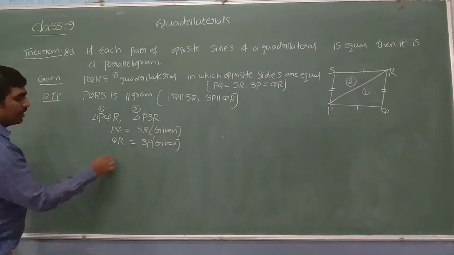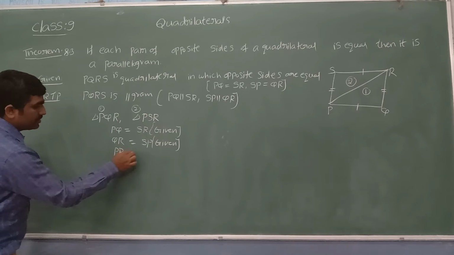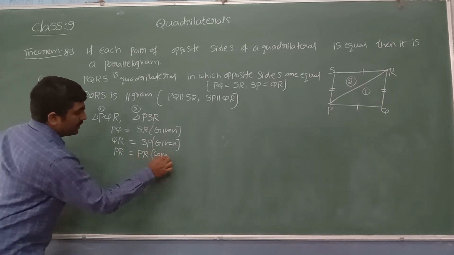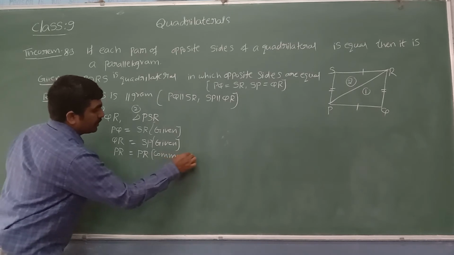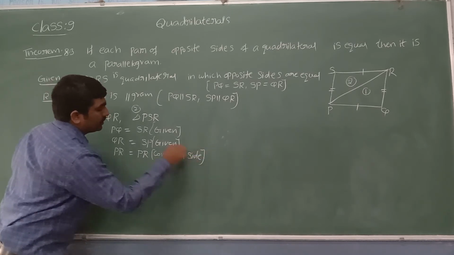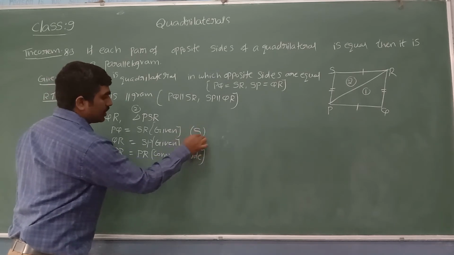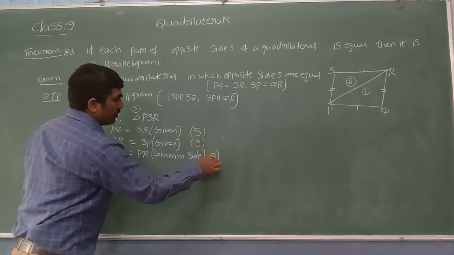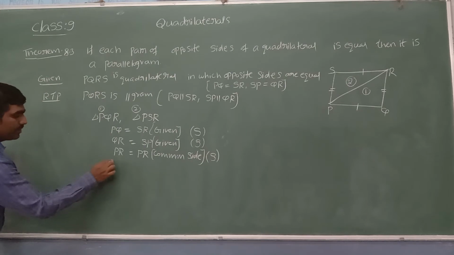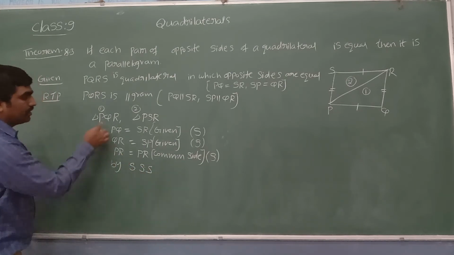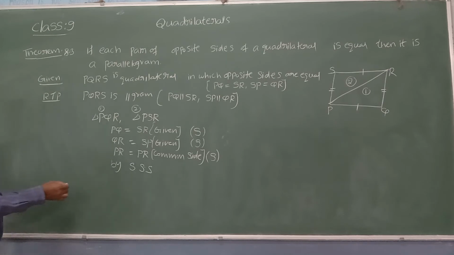And next, first triangle side PR is equal to second triangle side PR. The reason is it is the common side for both the triangles. One side is given data, one more side is given data, and this one side is common. Now which criteria can we say? By triple S criteria we can say that the two triangles are congruent.